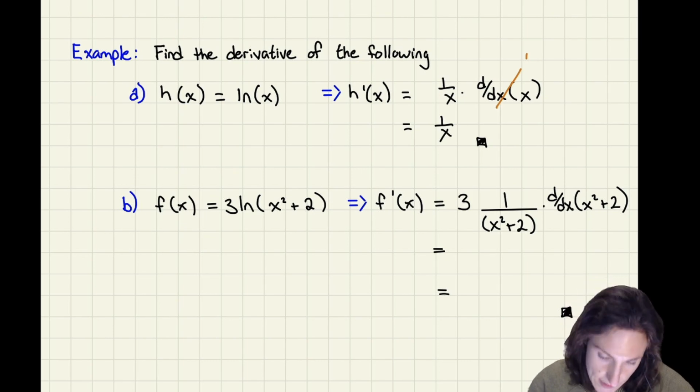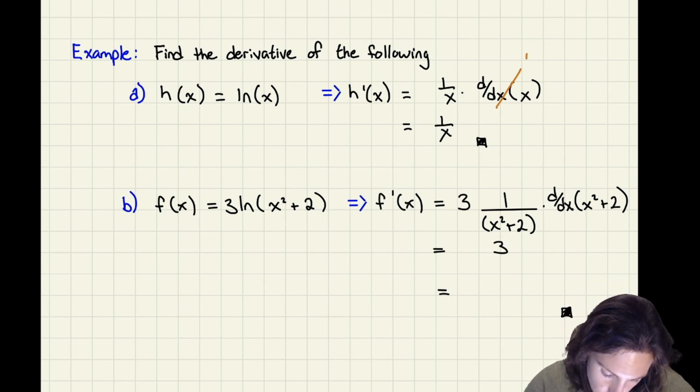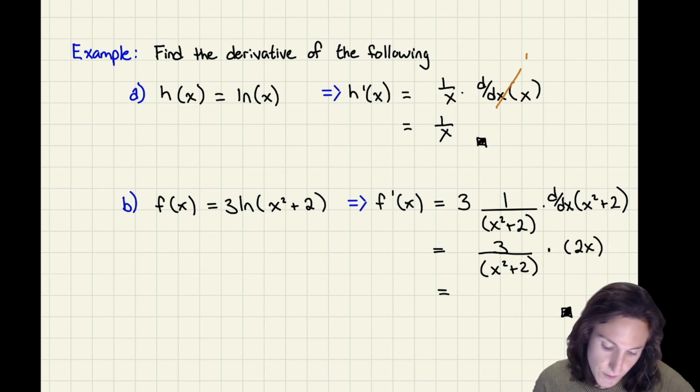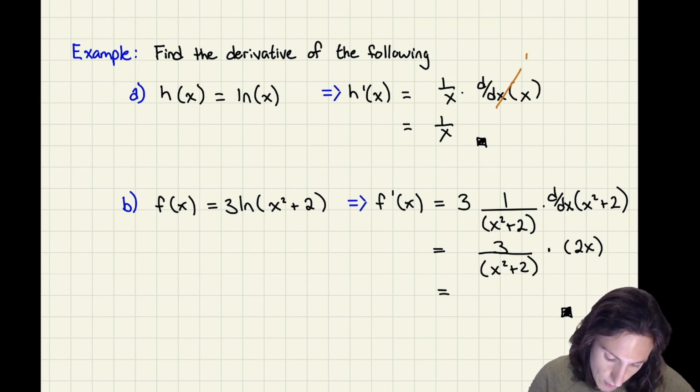Okay, so we're going to have 3 divided by x squared plus 2, and then times the derivative of x squared plus 2, well, that's just 2x. So because these things are being multiplied together, I can write the top as 6x, and then divided by x squared plus 2.